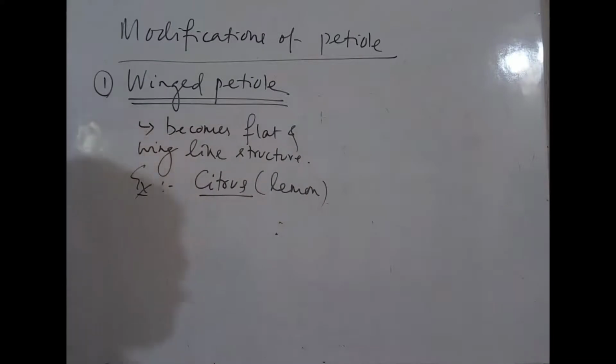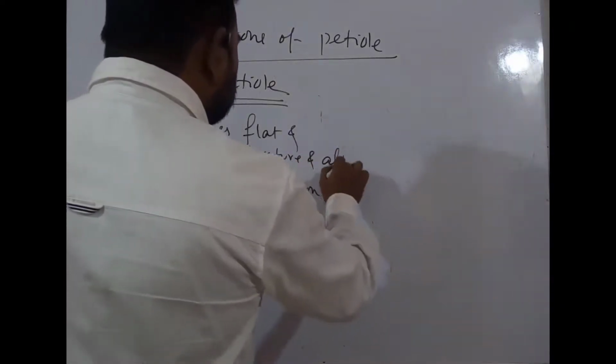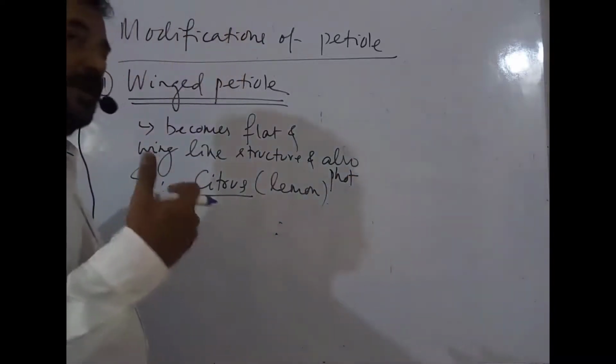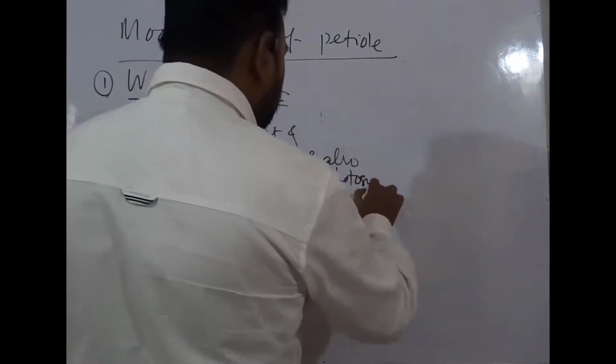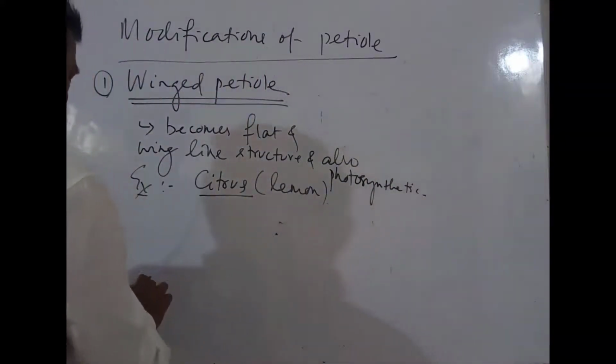In citrus plant, or in lemon and orange plant, petiole becomes flat and wing-like structure and also photosynthetic. Petiole also becomes green and photosynthetic. So like this you can study here.